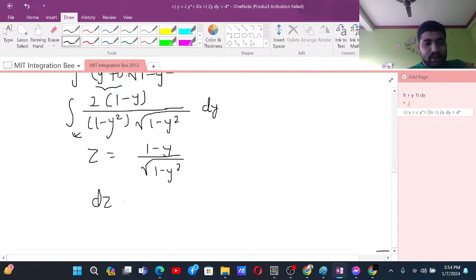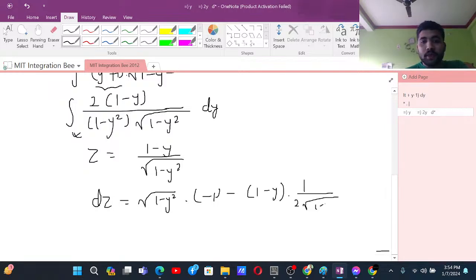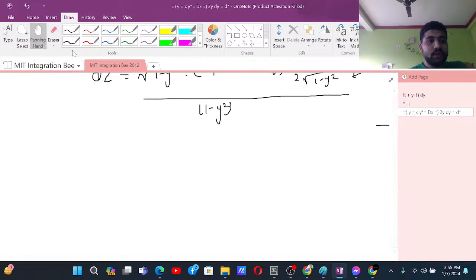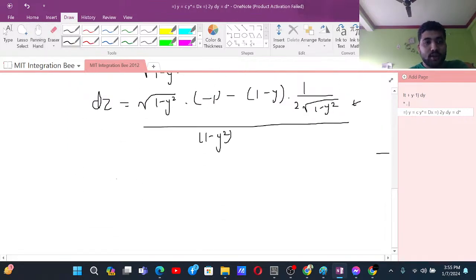Let's just differentiate this. Now we will have root under 1 minus y square times derivative of u, minus u times derivative of v, all by v square. So now you see we have got this expression, and also when you take LCM you will get this expression from here. That was why I did this, and if you don't understand, you can watch it again.